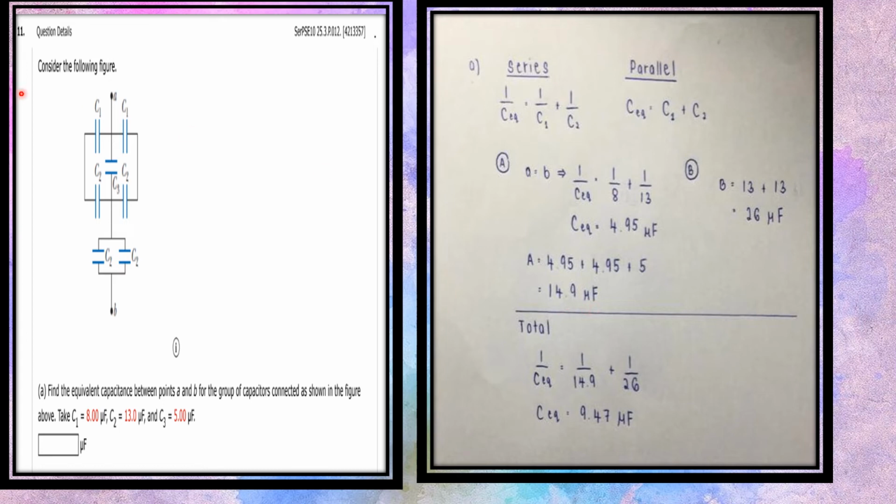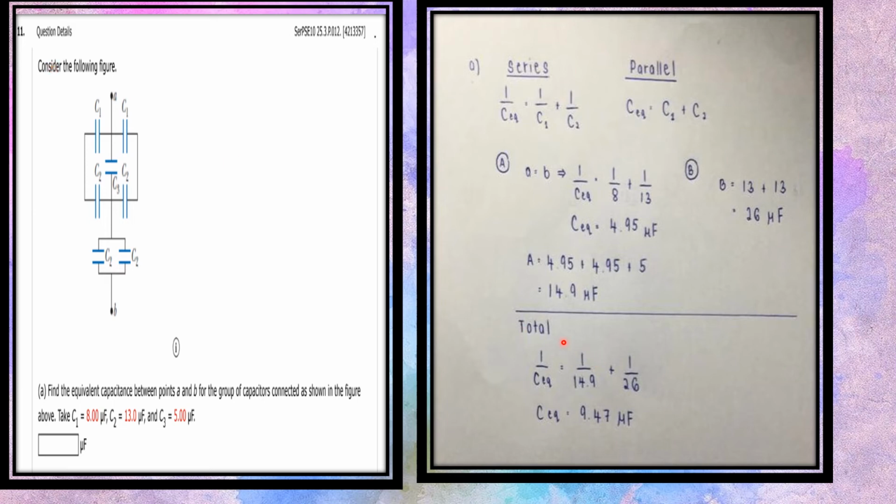For A we get 14.9 microfarad. Next, we must calculate for B. For B, C2 and C2 are in parallel, so we just add the values of both, which is 13 microfarad plus 13 microfarad, and we get 26 microfarad.